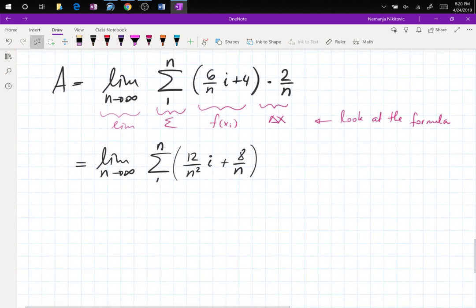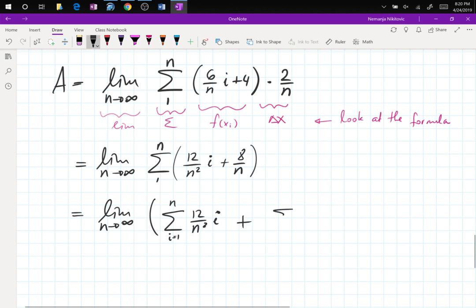And then I know that I can split this now into multiple sums. So I have summation 12 over n squared i, where i starts from 1 goes to n, plus another summation where i starts at 1 goes to n, 8 over n.